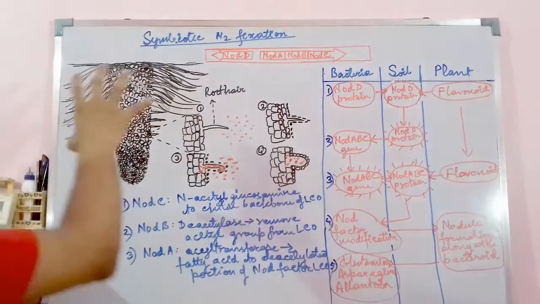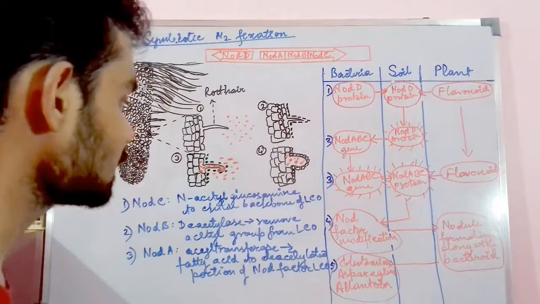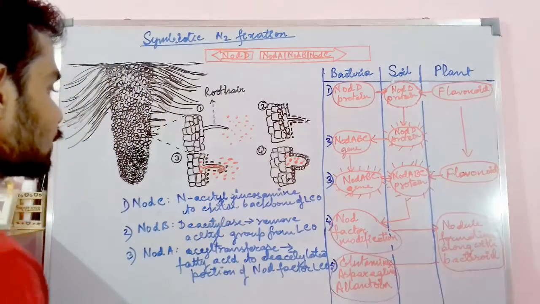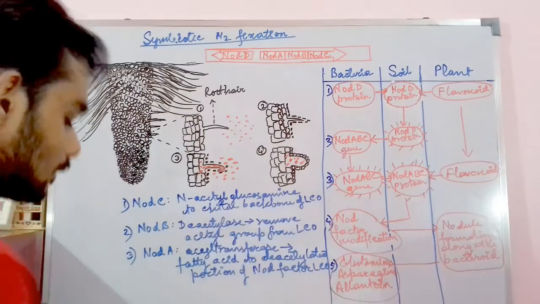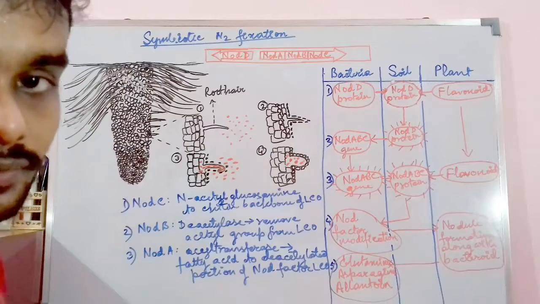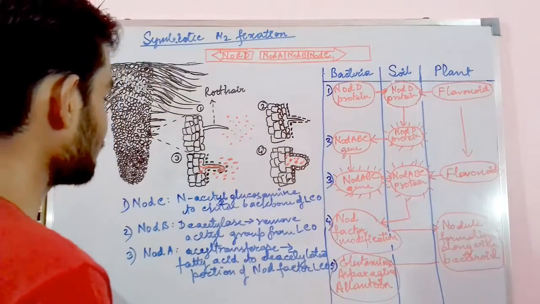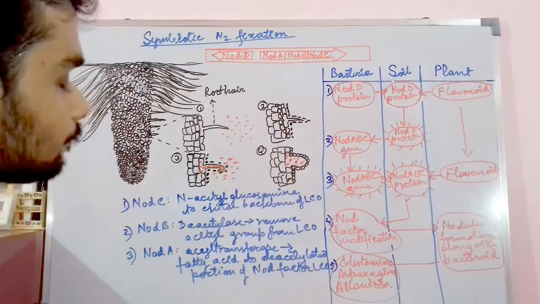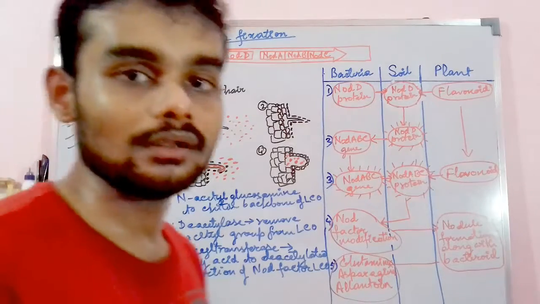So this is how the symbiotic method of nitrogen fixation happens with the activation of the lipochitooligosaccharide, which is a chitin N-acetyl glucosamine with a chitin backbone that is present in the body of the bacteria, specifically in the cell wall of the bacteria.